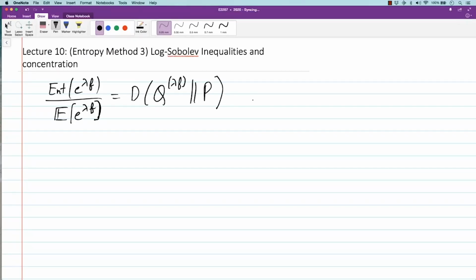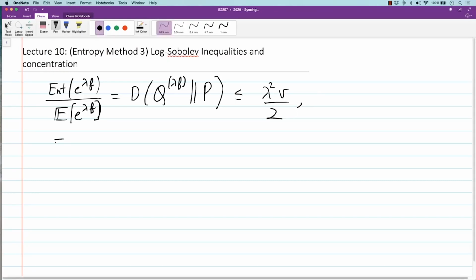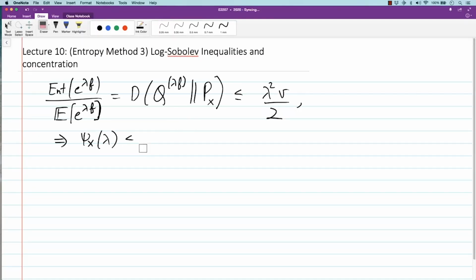So if we can establish a bound for this, if we can show that this is less than or equal to some lambda square v by 2, then the log moment generating function for this random variable f of x is less than or equal to again lambda square v by 2.